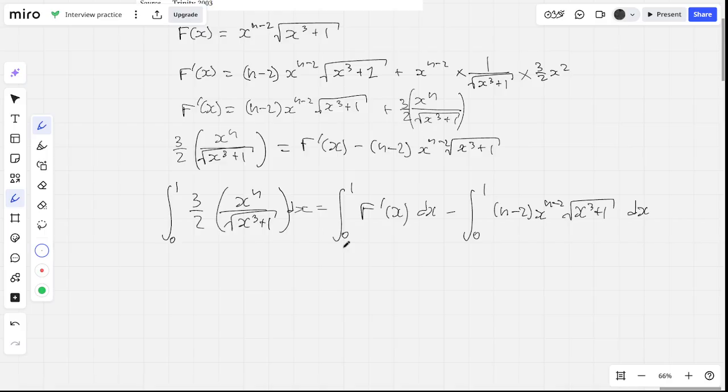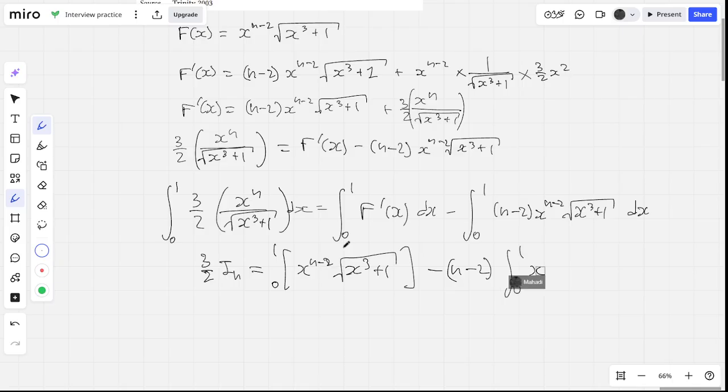So this is the same as 3 over 2 I_n is equal to the integral from 0 to 1 of x^n minus 2 x^3 plus 1, and n minus 2 times the integral of x^(n-2).